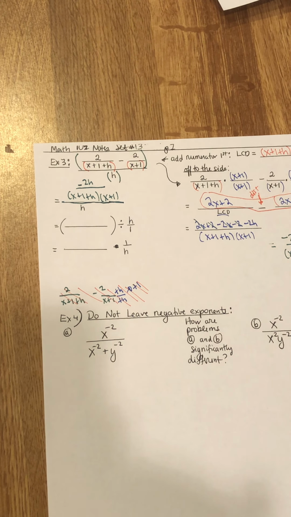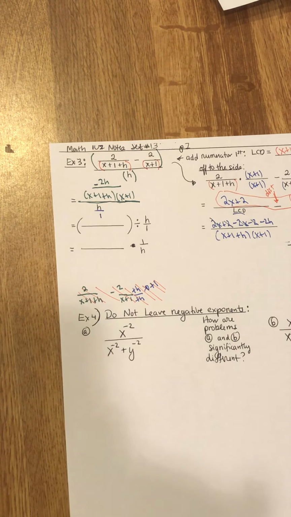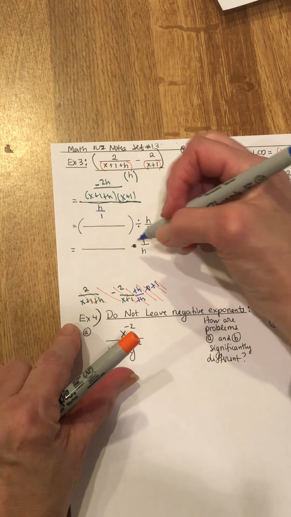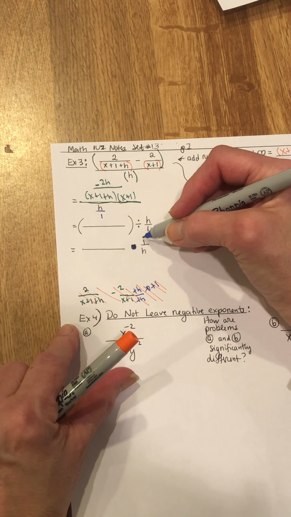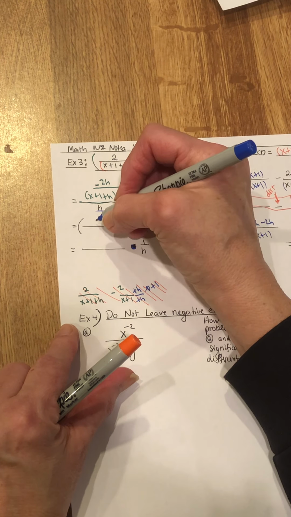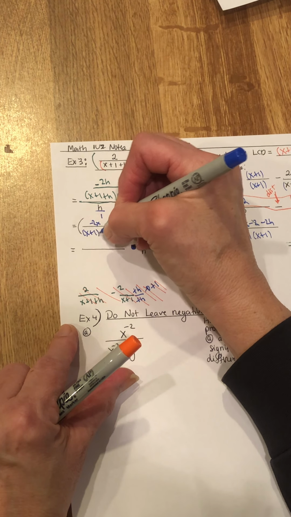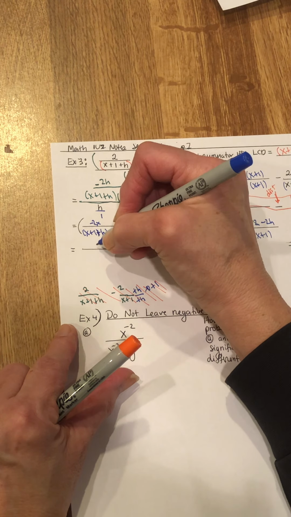Divided by h. So remember, to divide, you multiply by the reciprocal. If you need to, write the h over 1 to help you with that. So we take the reciprocal of what we were going to divide by. So dividing by h over 1 will become times 1 over h. And I'm going to write in this numerator, and I have to write it in again here.